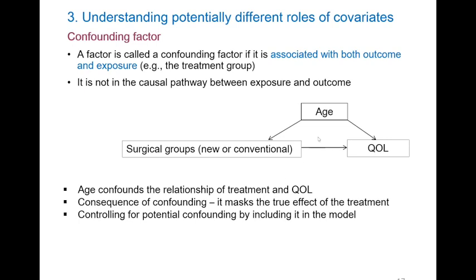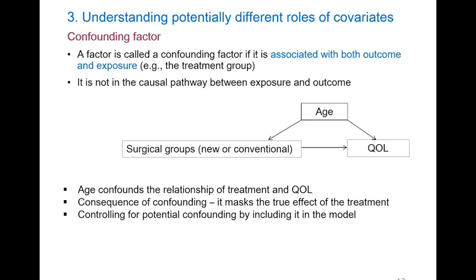So in this scenario, age is related to surgical group, because the new group is younger compared to the conventional group. Age is related to surgery group, and age is related to quality of life.